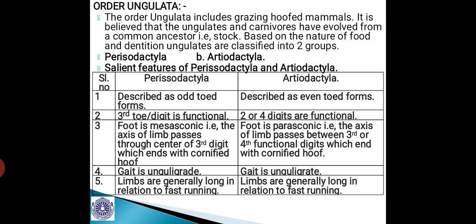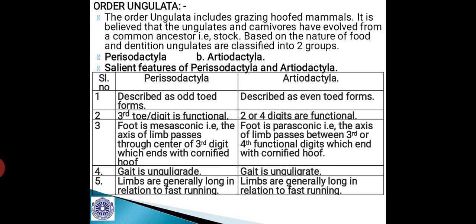Whereas Artiodactyla have even-toed conditions, hence they are referred to as even-toed forms. In Perissodactyla, the third toe or digit is functional, and the rest are non-functional. Whereas in Artiodactyla, the second and fourth digits are functional.